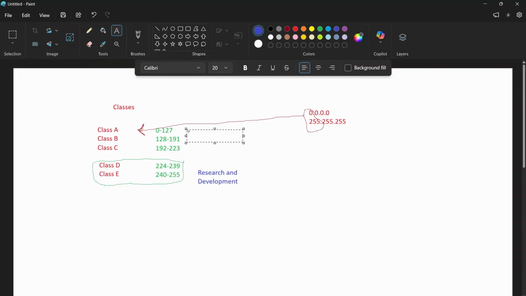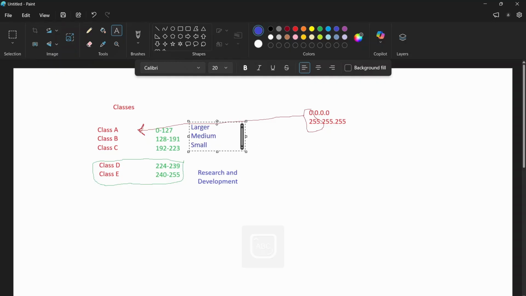If it is a bigger organization, we use Class A IP addresses. Class A is for larger organizations, Class B is for medium organizations, and Class C is for small organizations. Startup companies and others will be using small ones.